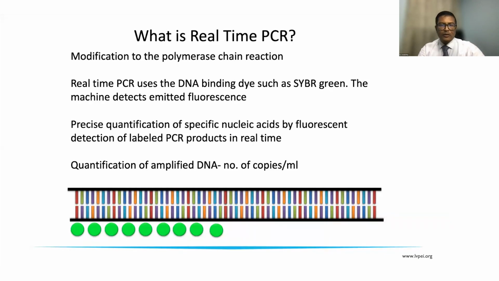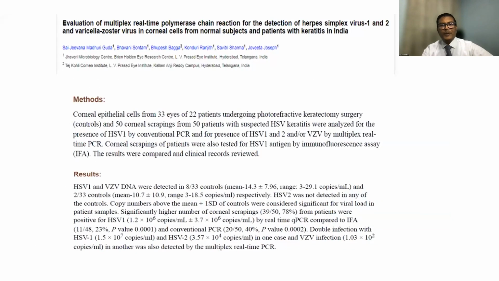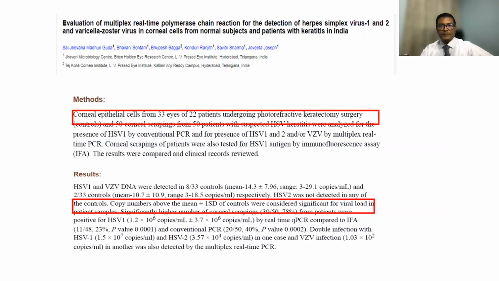What it does is that it not only tells us that there is a presence of DNA, but it also tells us how many copy numbers exist for this DNA. This was a recent paper from our group which showed that if we have, say, an HSV infection, now HSV is endemic to the population, so anybody above 35 years of age would probably have HSV, but just having the DNA is not enough.